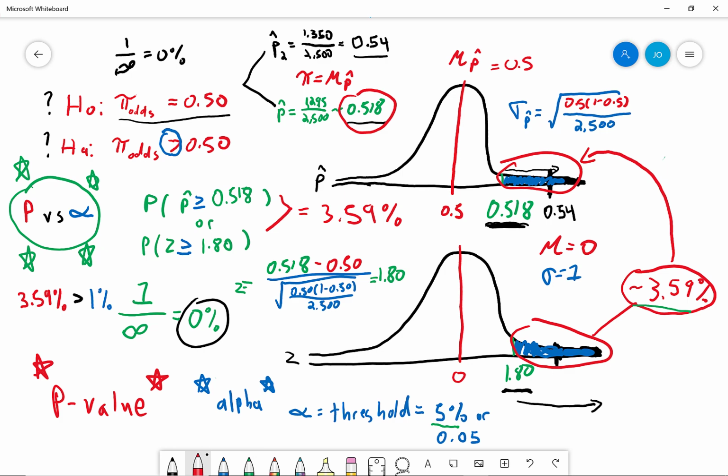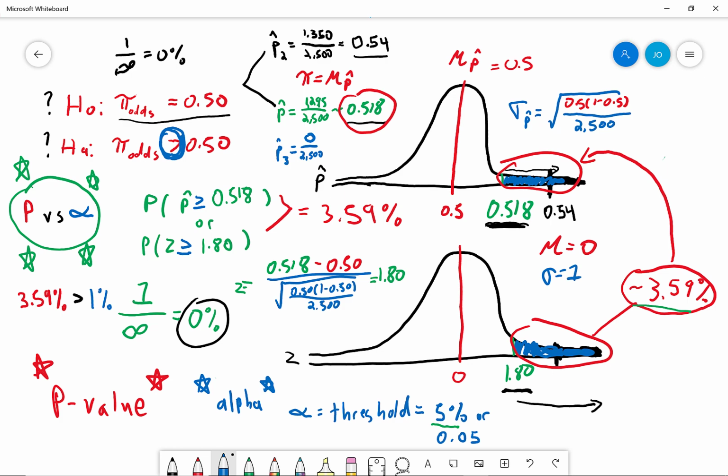Even if we had a crazy big p-value, that doesn't necessarily support the HO. Watch this, right? Our more extreme values are in terms of greater than values because we're trying to support greater than. Imagine we got a new sample proportion. I'll call this p hat 3. And imagine in this case, we got 0 out of 2,500 rolls that were odd.